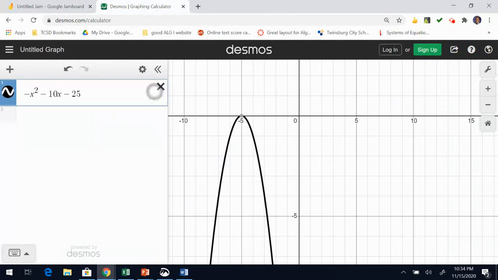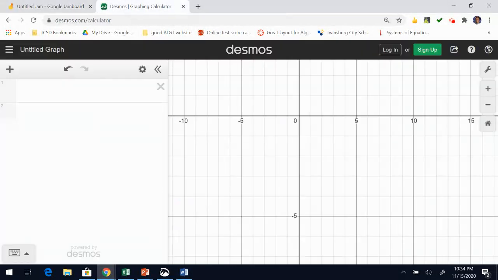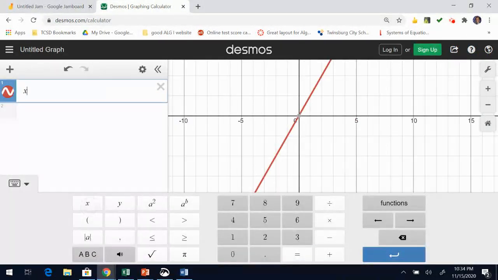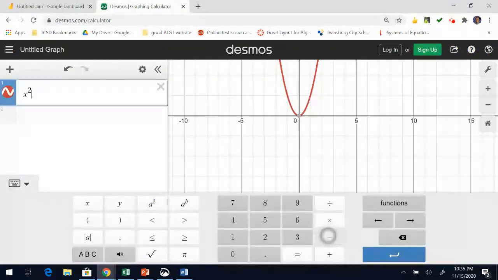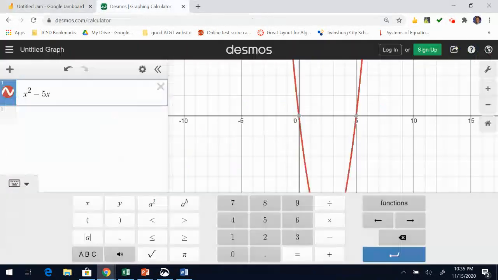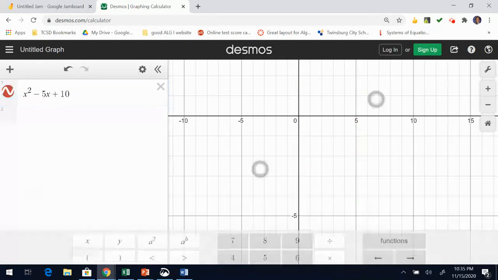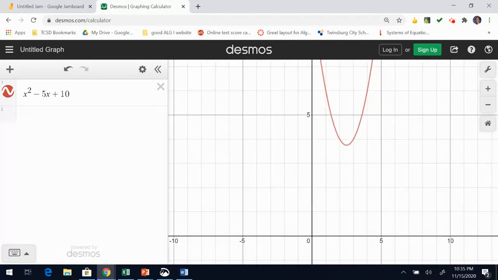Ready? Let's go to this one over here. I'm just going to move both of these and go x squared minus 5x plus 10. And I can't see it because guess what? It doesn't touch the x-axis.